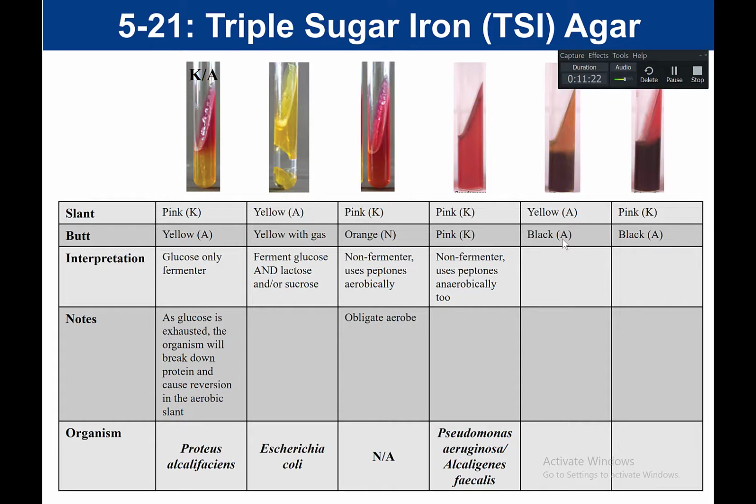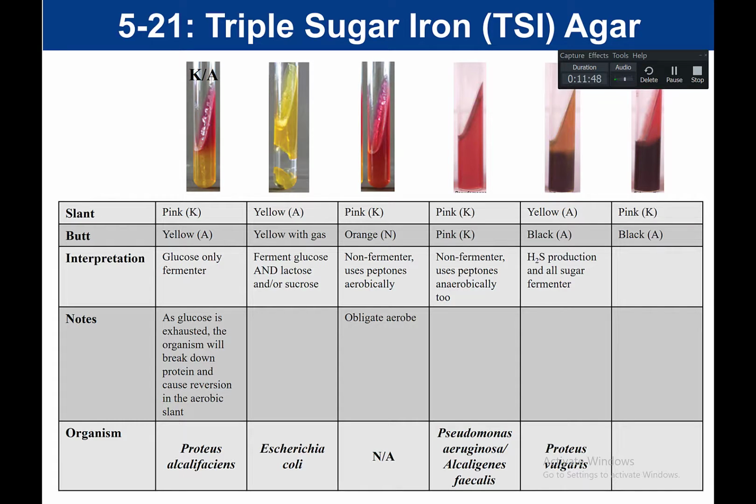And it's positive for sulfur reduction. It also produced H2S. So our interpretation is that that's an H2S producer. So that's an organism that can reduce the sulfur. And it's an all sugar fermenter. It uses a monosaccharide and at least one disaccharide. Our example for this was our Proteus vulgaris. Proteus vulgaris gave us this result.